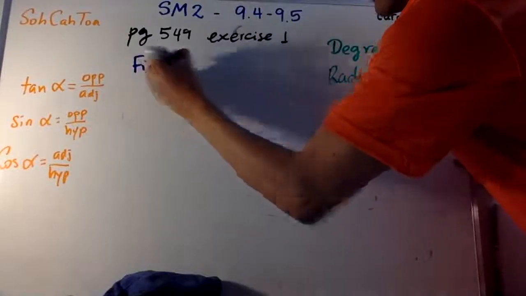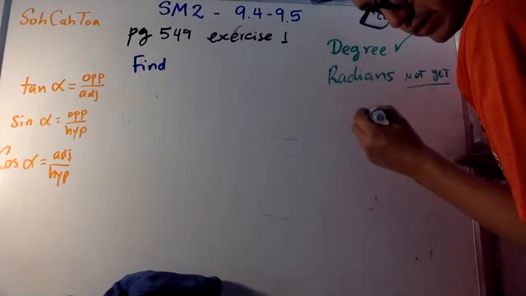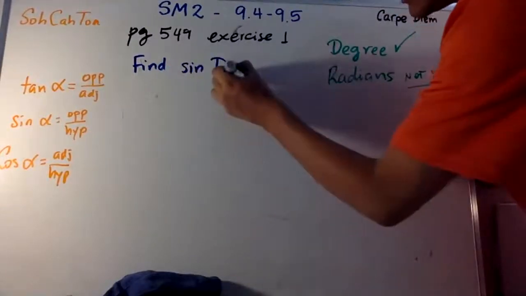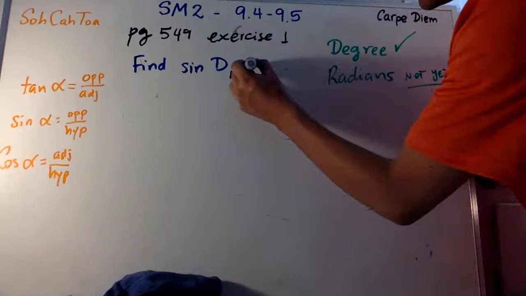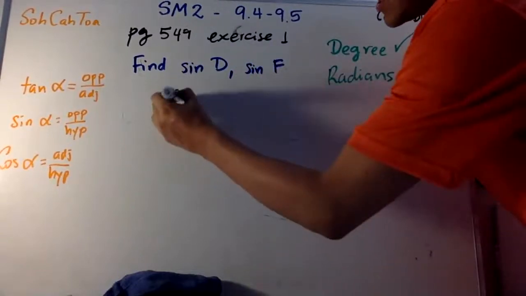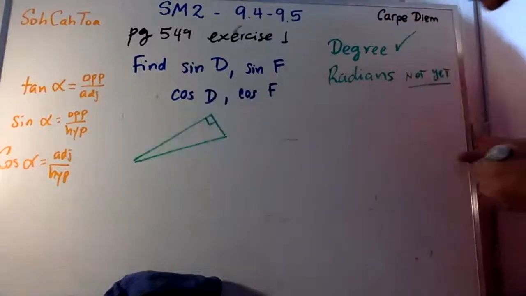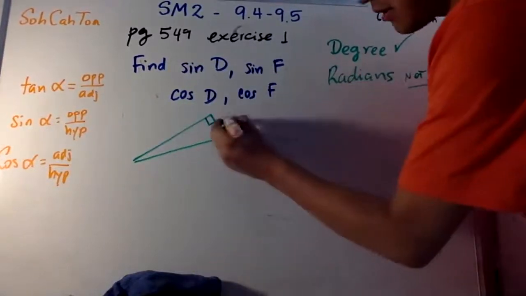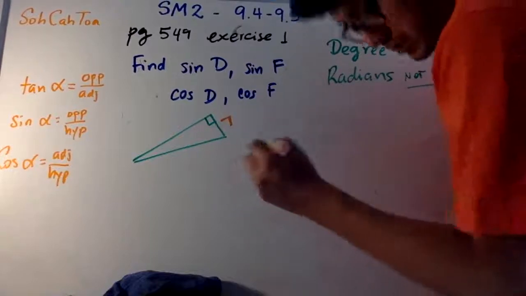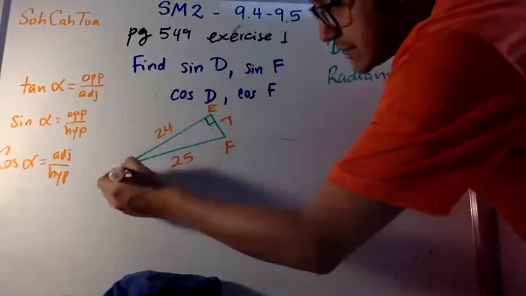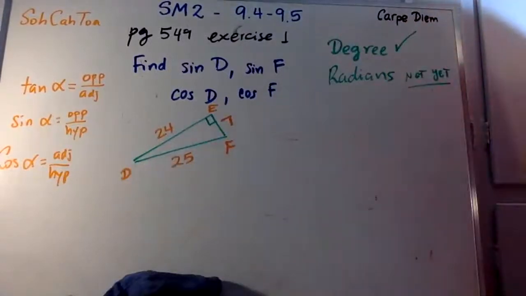Find sine of d, sine of f, and cosine of the right triangle. The lengths here are 7, 25, f, and d. Just so simple.